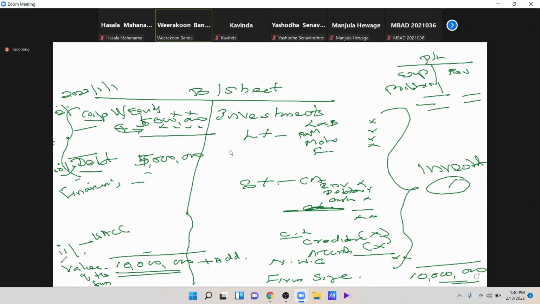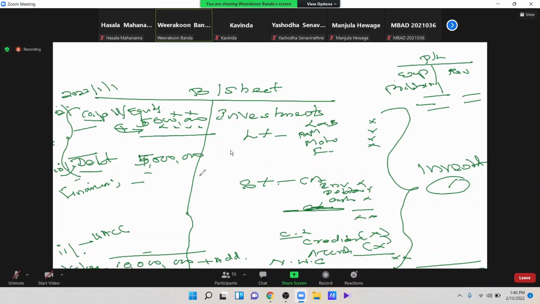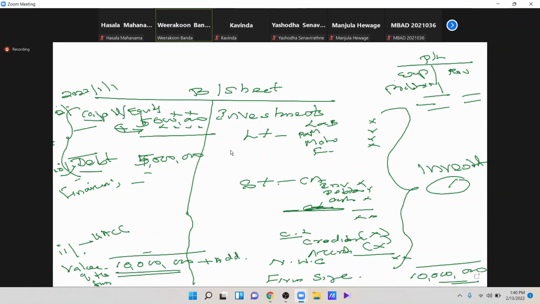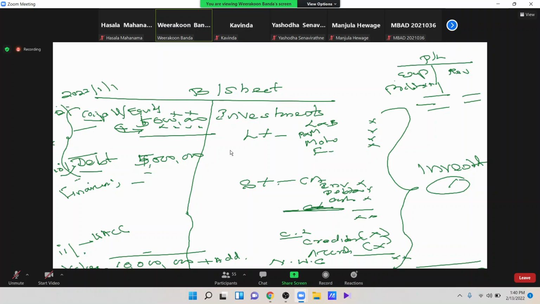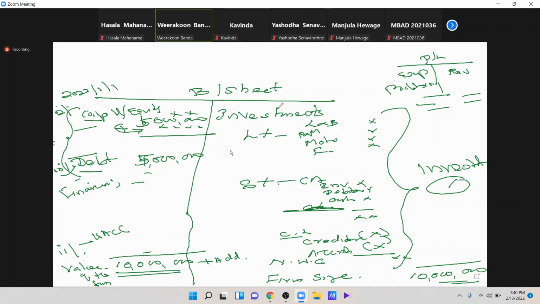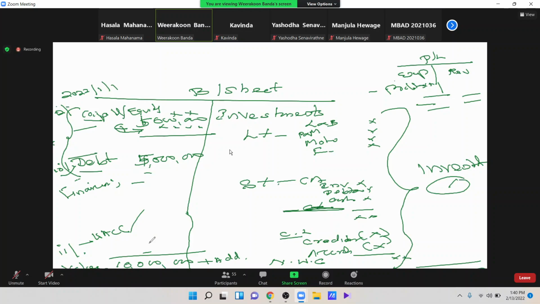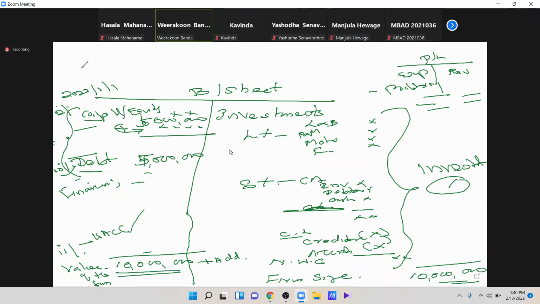If you compensate the investors at 11% every year, as a business you have to earn some profit. What is the minimum profit you require to maintain that investment? It is a 10 million rupee investment value here; capital employed is 10 million rupees.